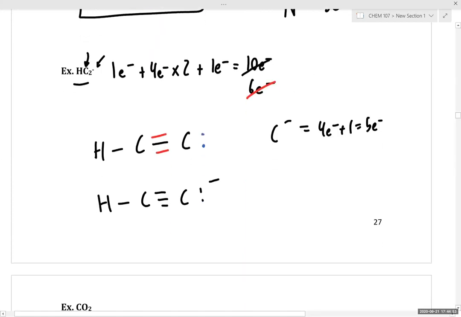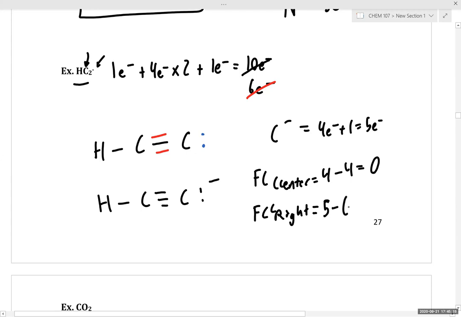So let's calculate that. Let's look at the formal charge of the carbon in our center. For our central carbon, we have 4 for our group number, and we have 4 bonds, giving us a formal charge of 0. However, for the carbon on the right, our group number is 4 for carbon, minus our number of bonds, which is 3, plus our number of lone pair electrons, which is 2.